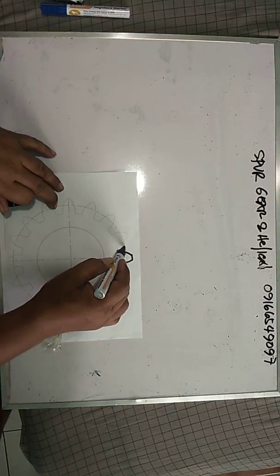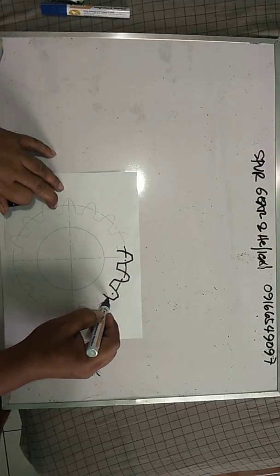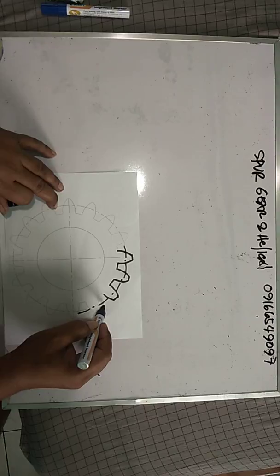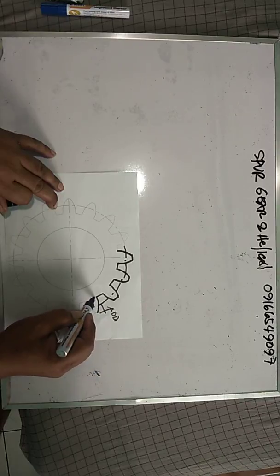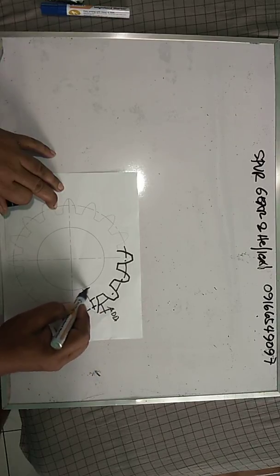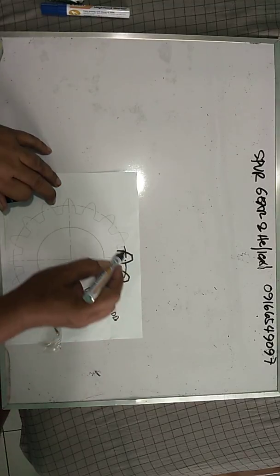This is the pitch circle diameter, as we know. This one is the addendum, and this one is the dedendum. Okay, this is the outside diameter.